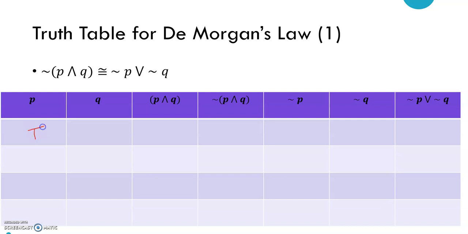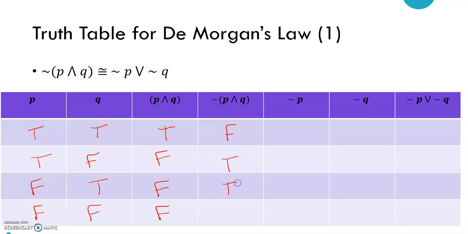True and true, true and false, false and true, false and false. P and Q: so true and true, true and false, false and true, false and false. Not (P and Q): so false, true, true, true. Not P: false, false, true, true.